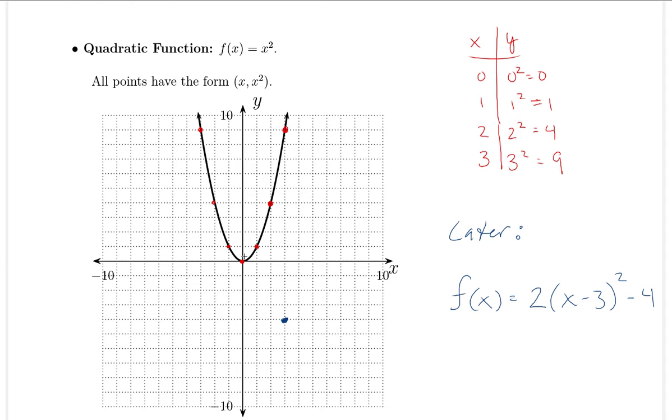Okay, and then I also am going to know that if normally I go over 1 up 1, in this case, because of what I'm seeing in the formula, I'm going to go over 1 up 2. If normally I go over 2 up 4, in this case, I'm going to go over 2 up 8.